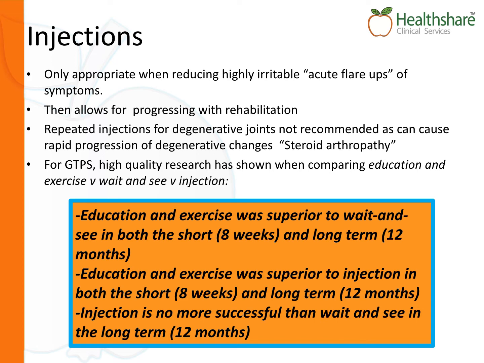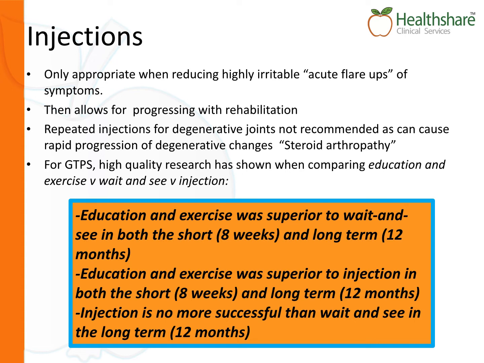So when we look at GTPS or bursitis, a large study was done. So high quality research has shown that when we compare education and exercise to people who decided to wait and see, or to an injection, we found that a large group of people who had education and exercise had better outcomes than people who decided to wait and see in short and long term.